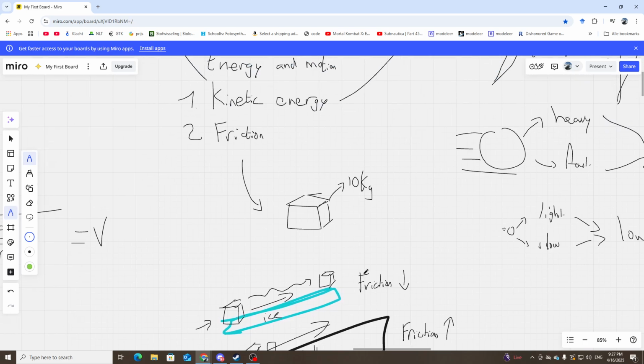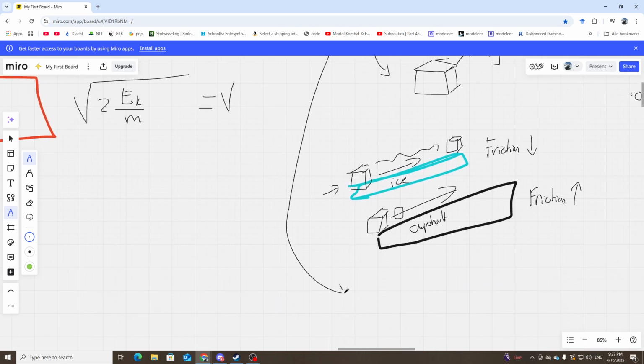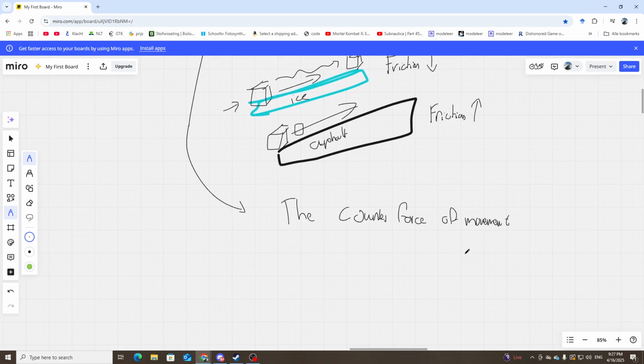Okay, so friction is the counterforce of movement. That is what it is.